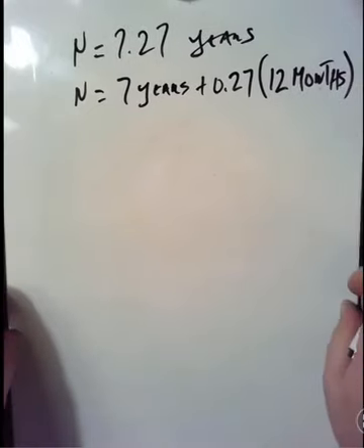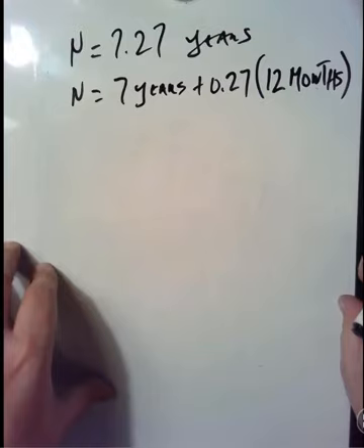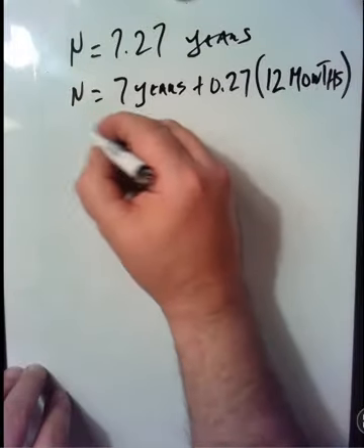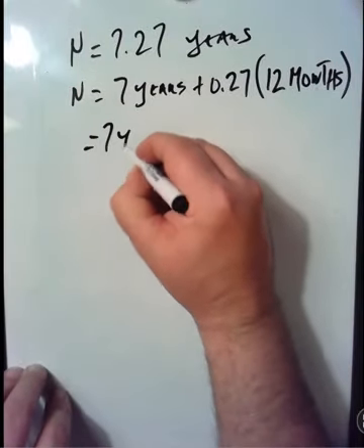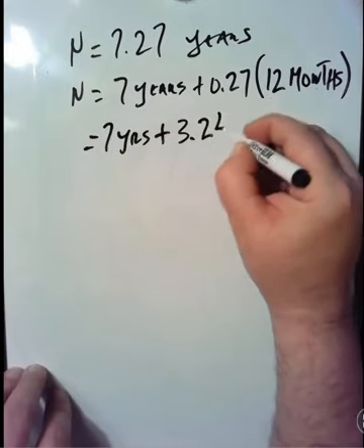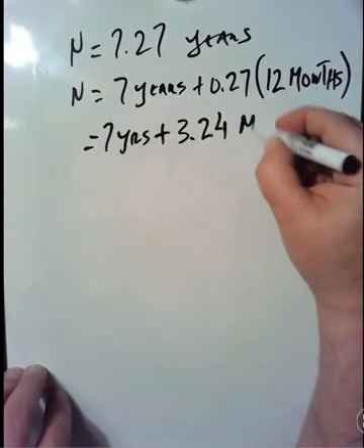That's how many months you have in a year. So that will be 7 years plus 3.24 months.